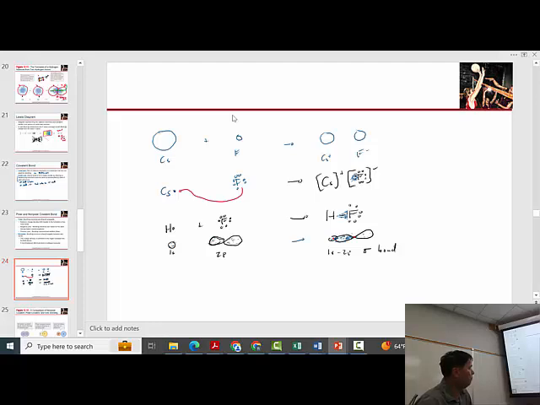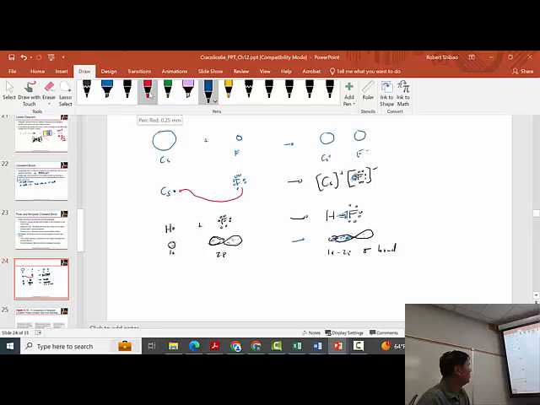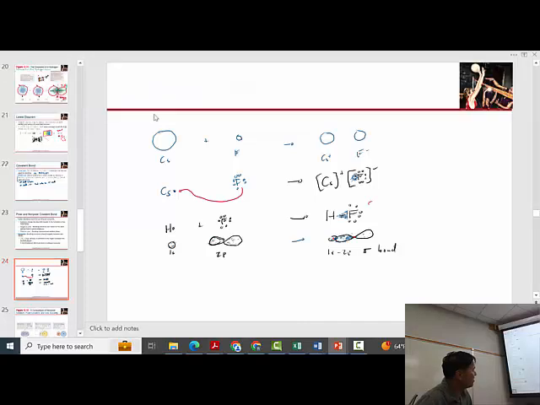Now, what results is what we call a partial charge here. And so what happens here is we get a partial negative. A partial negative is called delta. This is the lowercase symbol for delta. This delta means partial. Partially negative.